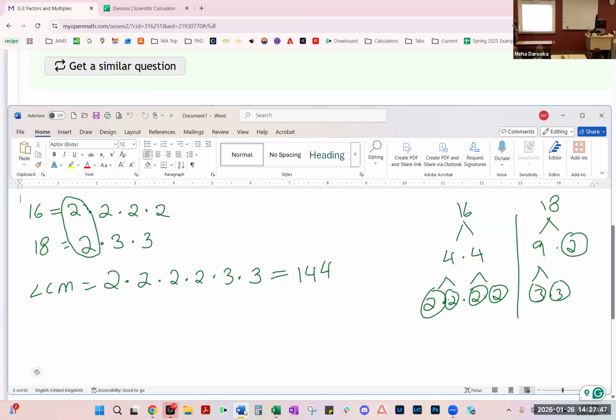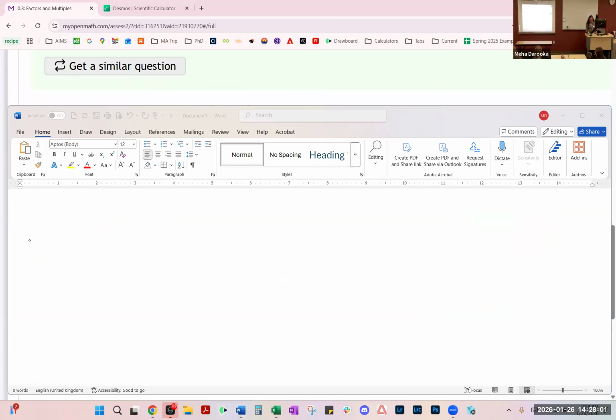Yeah, so if you had, let's do 4 and 8, for example. If we were trying to find the least common multiple between 4 and 8, 4 would be 2 times 2, 8 would be 2 times 2 times 2, right? So when you list these out, you would have 2, 2, and 2, 2, 2.